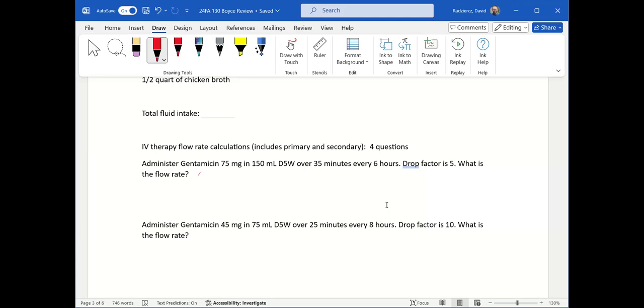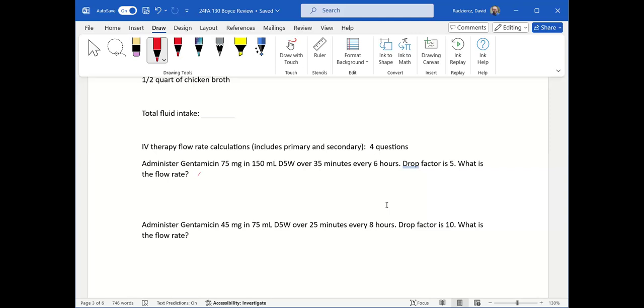It might be heparin, it might be insulin, it might be, like it says here, gentamicin, which is an antibiotic. It could be any number of things that we want to titrate in small amounts slowly via drops. Some medications require more drops per minute, and some require less, but this is just how you would make these calculations.